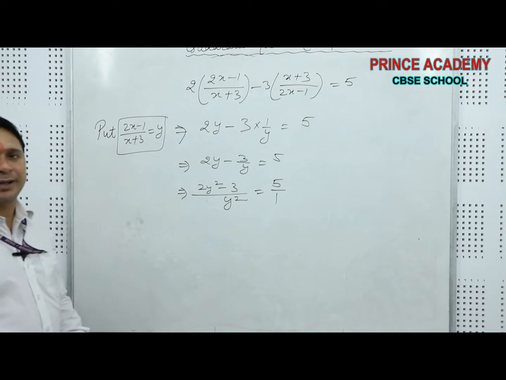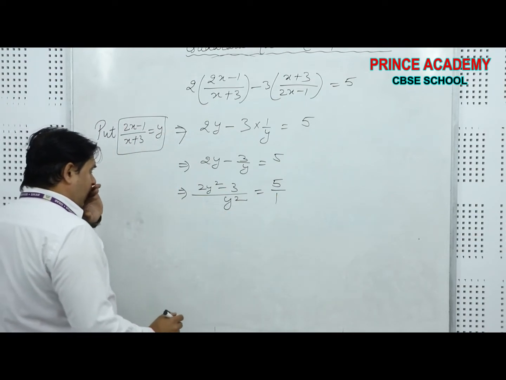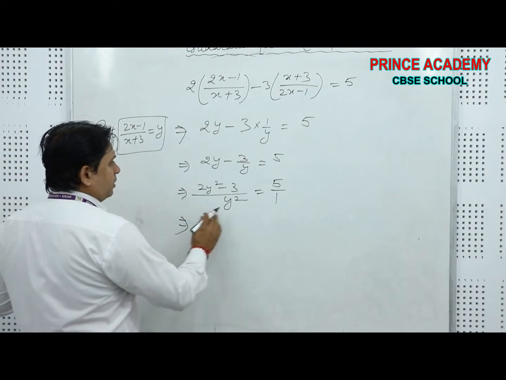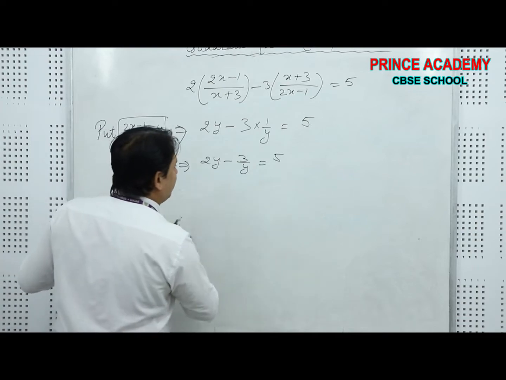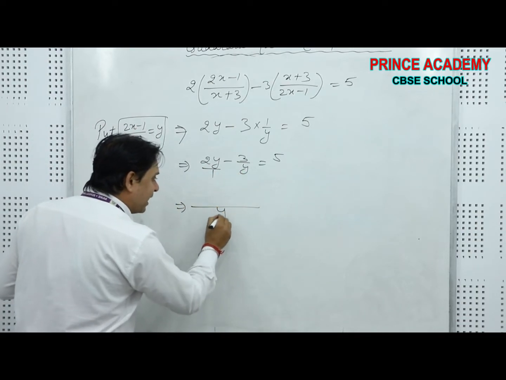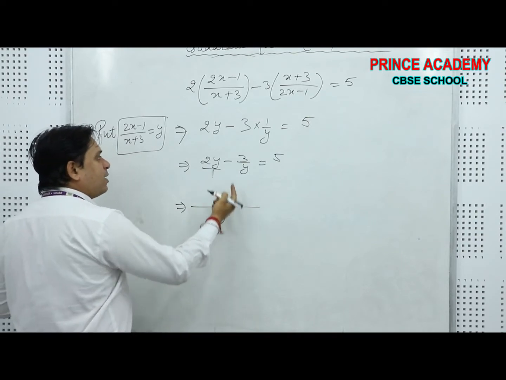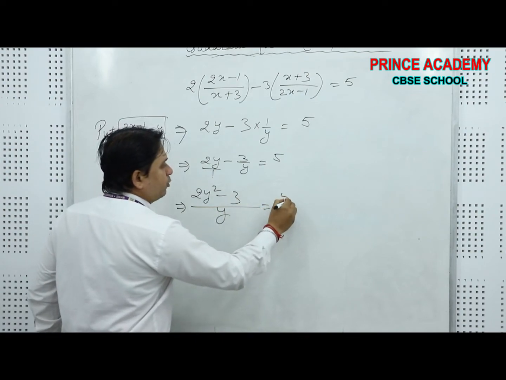Why do some students get confused when I take the LCM of both sides? Now see. Sorry. See beta, this is 1. That's why here it will be y. 1 cancels y, 2y square minus 3 is equal to 5 by 1.